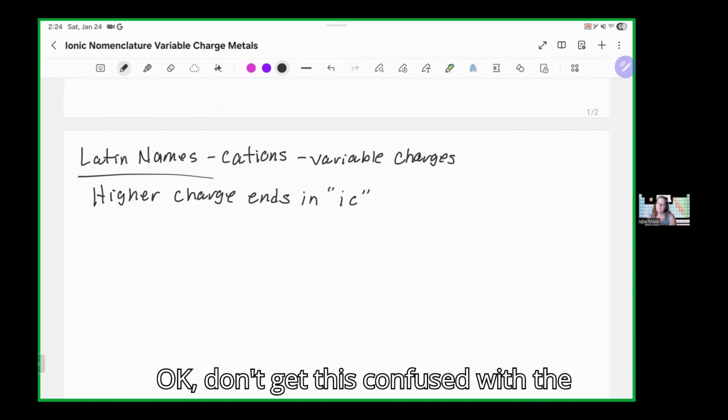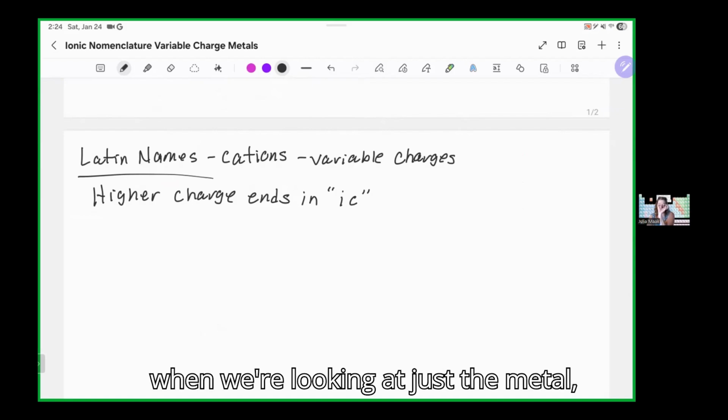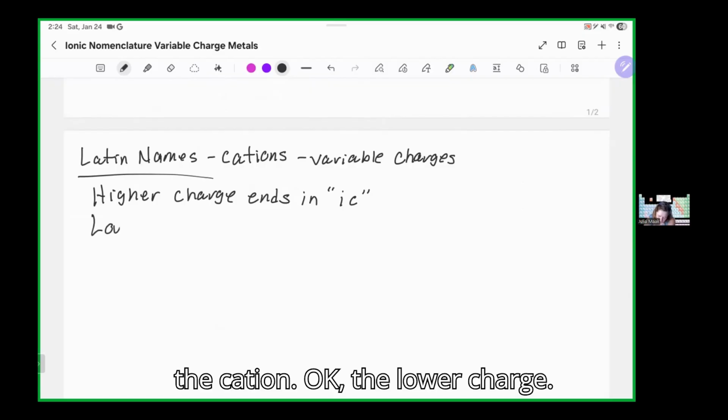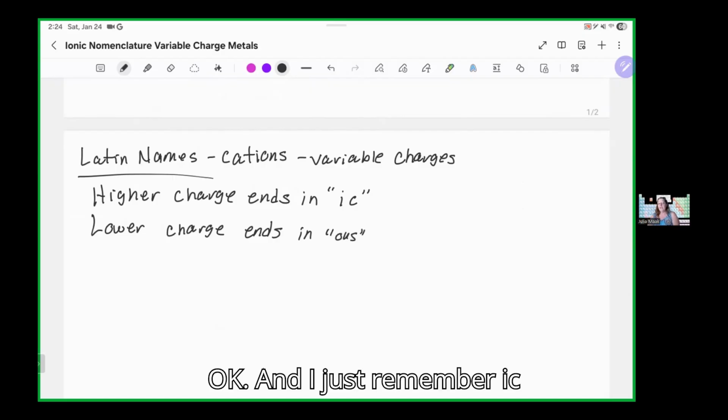Don't get this confused with the acids. There are ic acids. This is when we're looking at just the metal, the cation. The lower charge is ous, which is just like those acids. And I just remember ic is higher than ous. I comes before the O in the alphabet. I is first. So ic is higher than ous.